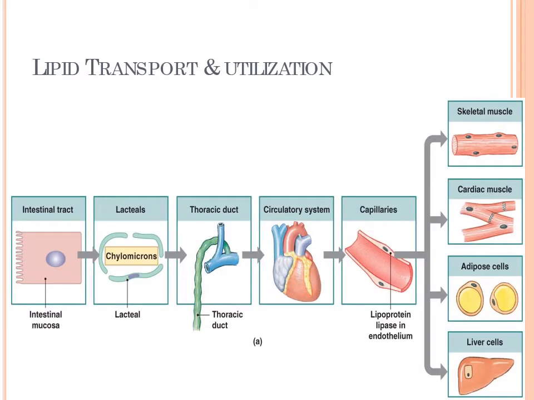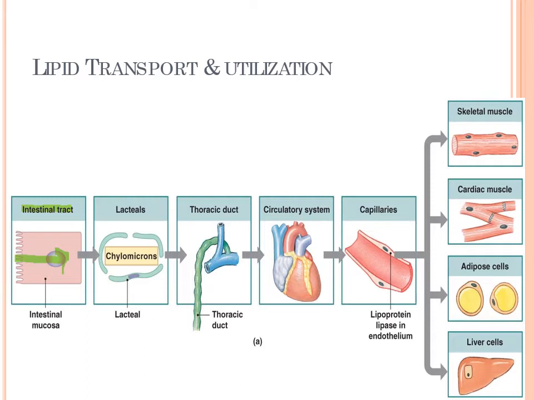So here's how we are transporting lipids. First in the intestinal tract, we talked about this last week. We have the micelles that come in through the intestinal epithelium like this, and then they turn into chylomicrons, which get filtered into the lacteals, those large lymphatic vessels that are within the intestinal mucosa.